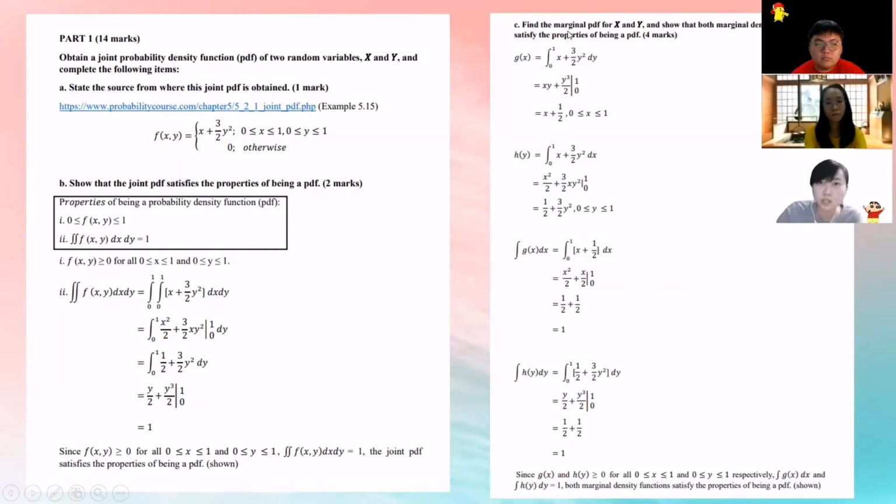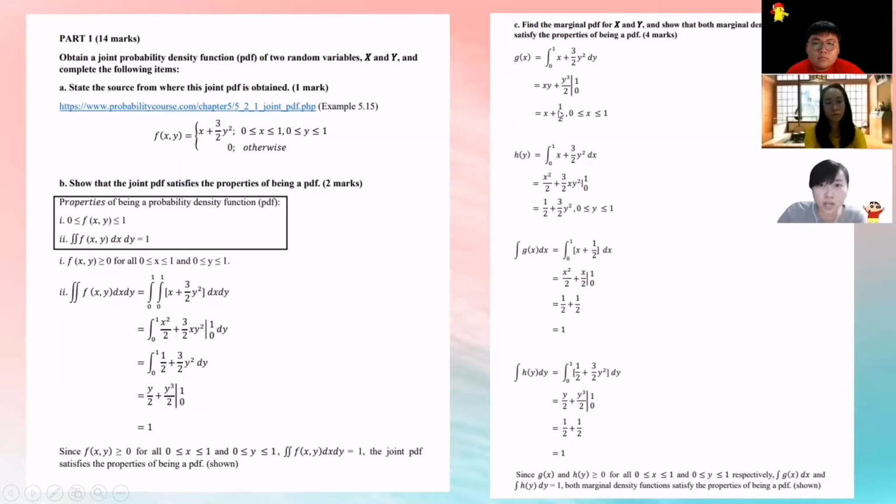Then part c, the question asks us to find the marginal PDF for x and y, and also show that both marginal density functions satisfy the properties of being a PDF. So here we got the marginal PDF for x, and we denote it as gx. We have to integrate fxy with respect to y.